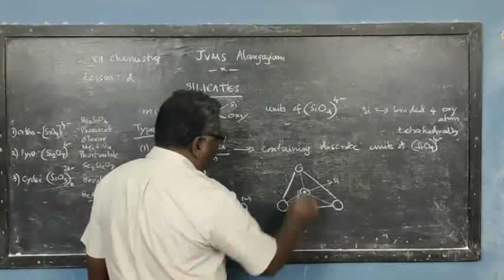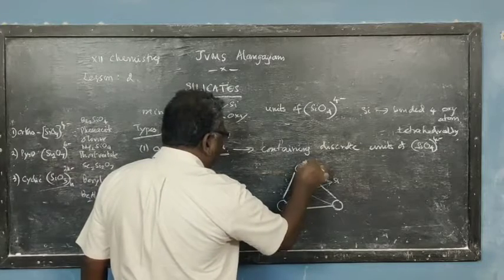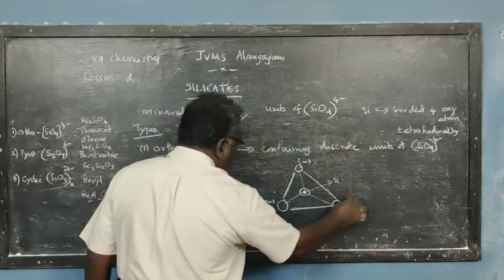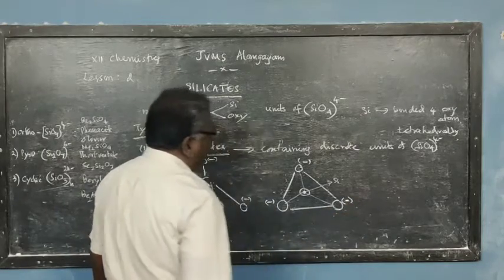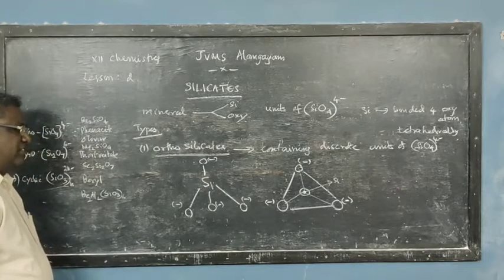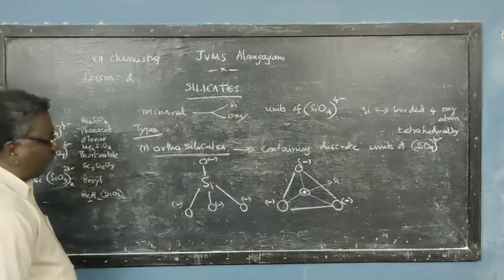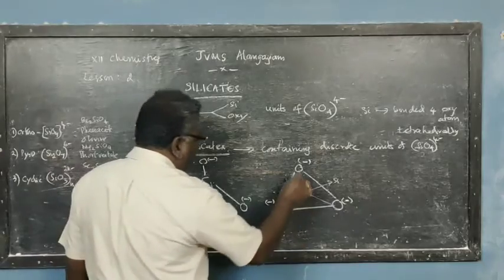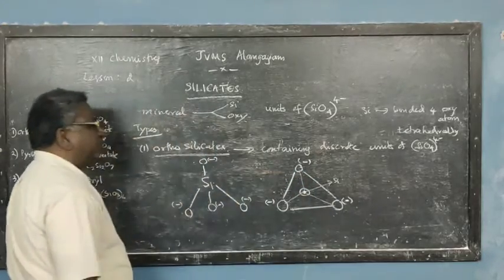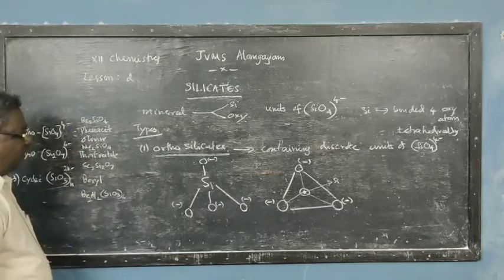Now how to put the charge? This oxygen has a negative charge, this oxygen has a negative charge, this oxygen has a negative charge. This is how we put the negative charge. The bonds are only this, and this is only to indicate the shape of the orthosilicates.